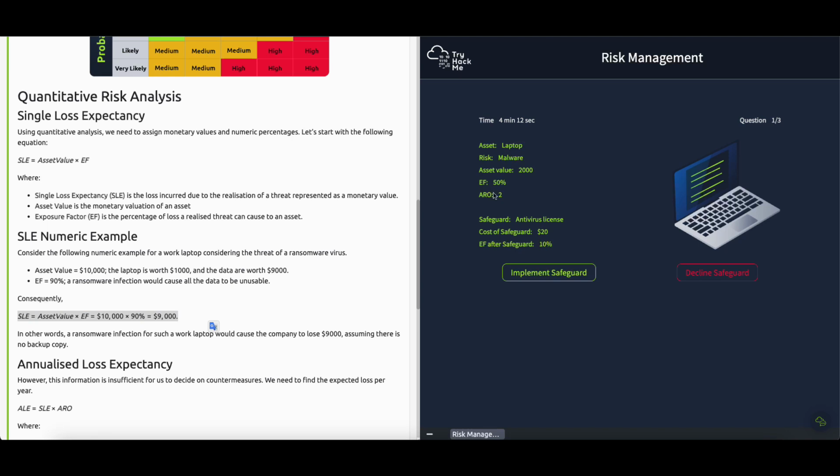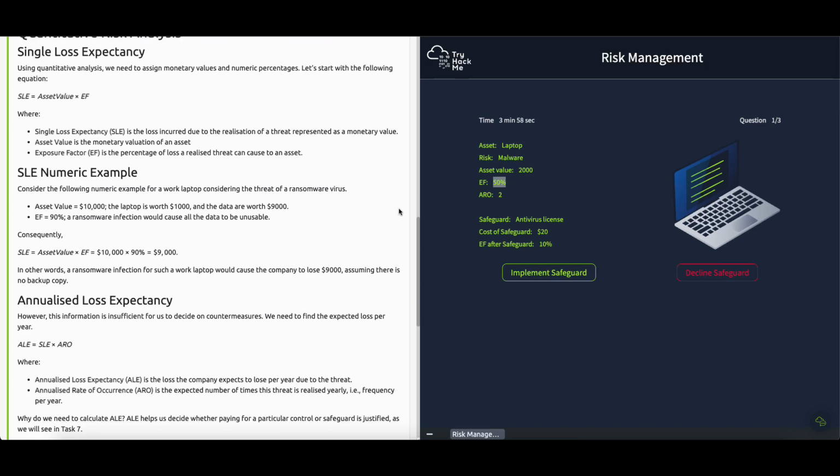To find it, we have to multiply asset value with exposure factor, and the answer is 1000, okay? And then we multiply this 1000 with the annual rate of occurrence, and the final answer is $2000.